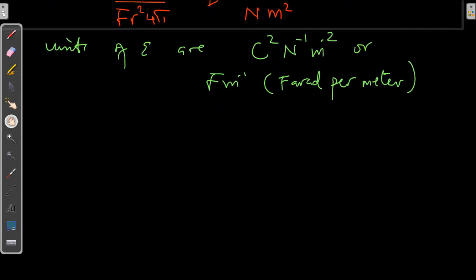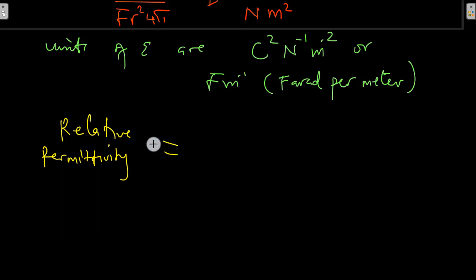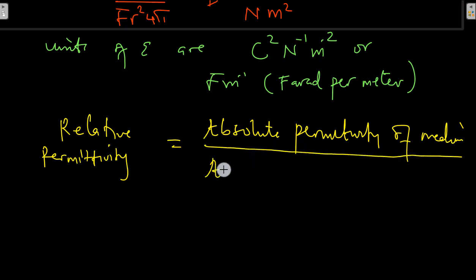Let us now talk about relative permittivity. Since it is generally difficult to measure the absolute permittivity of a material without any reference, relative permittivity becomes a very important and common measurement when it comes to the permittivities of all media. So relative permittivity is the ratio of the absolute permittivity of the medium divided by the reference medium, which is the free space or the vacuum.